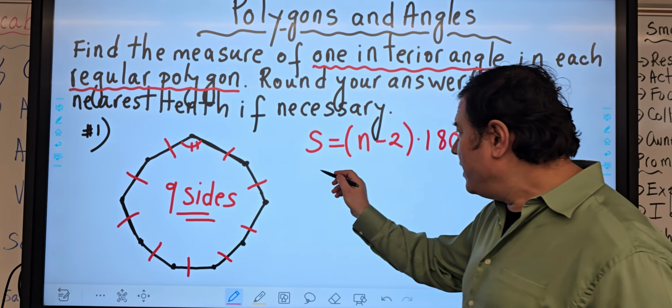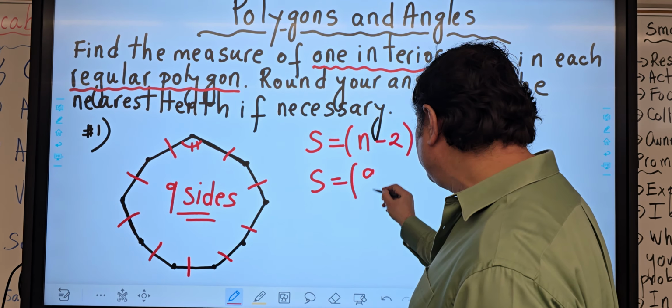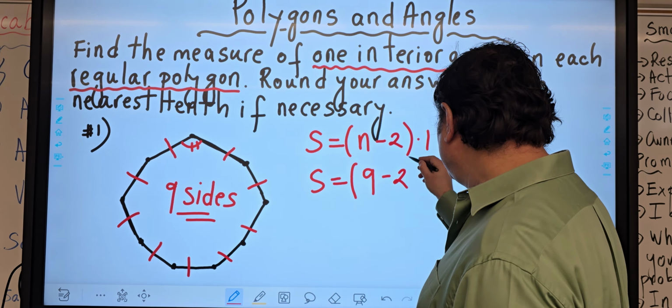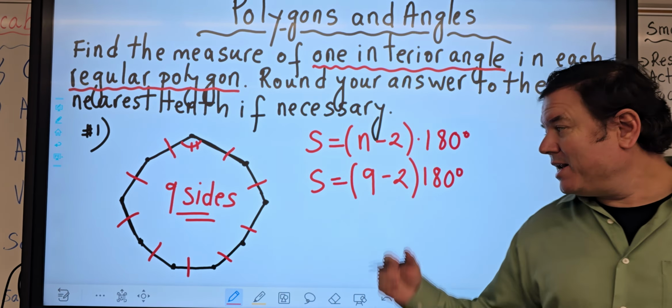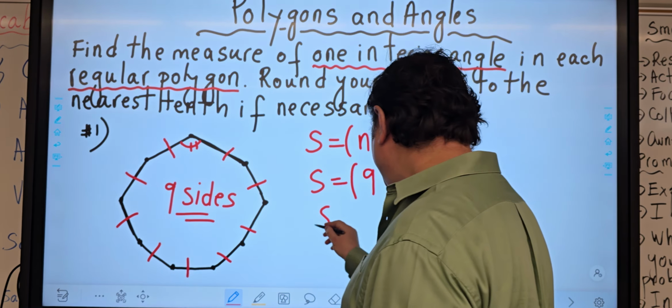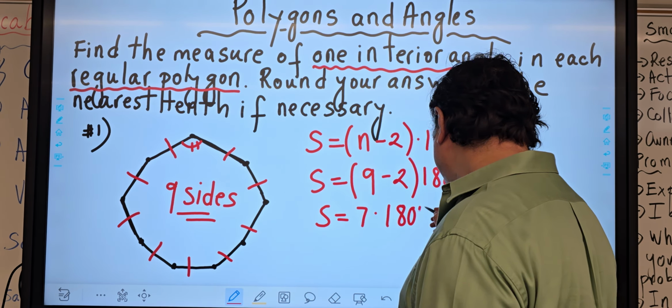So we have S equals, instead of n, we put 9 minus 2 times 180 degrees. And of course, 9 minus 2 is 7. So we have S equals 7 times 180 degrees.